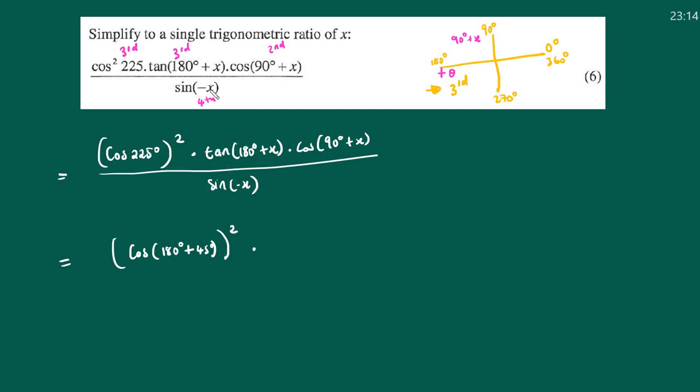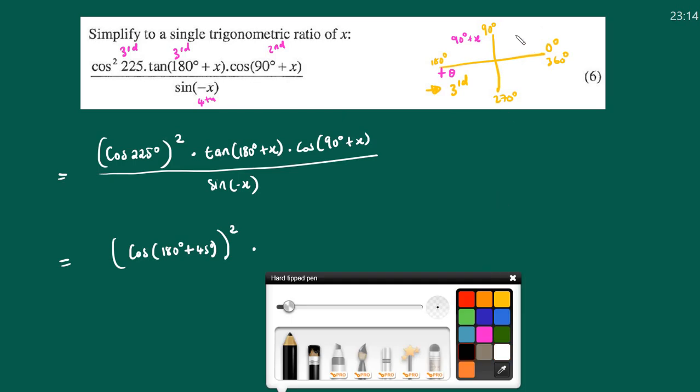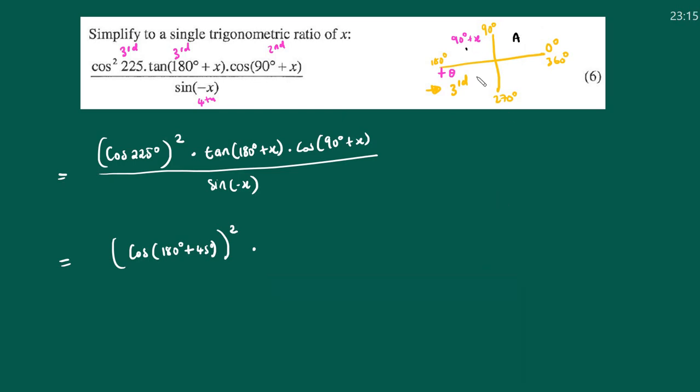So we can see that tan is negative in that quadrant, in the third quadrant. So because of that, oh sorry, it's positive, right? CAST diagram. It's positive. Tan is positive in this third quadrant. So we're going to write it as positive tan. Then we just take this x, right? So we say tan x.